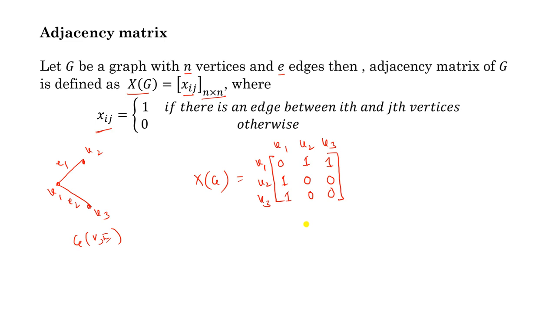So these are very simple ways to represent a graph in the form of matrices, because from this matrix alone you can again draw the graph. You know that three vertices are there and there is an edge between v1 and v2, and v1 and v3. So you can draw the graph with the help of this matrix, and you can perform calculations also.